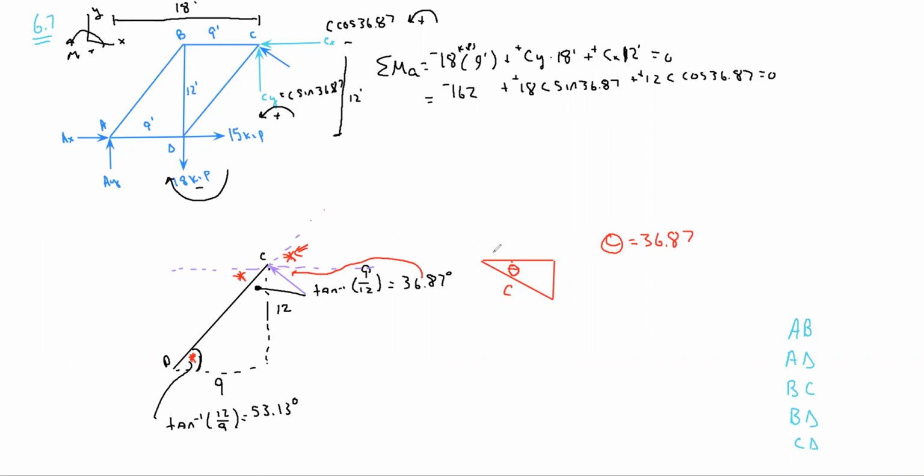That means that this is C times cosine 36.87. So that's the X component of the reaction at C. And the Y component of the reaction at C is C times sine 36.87.